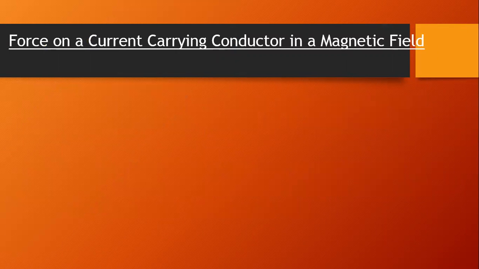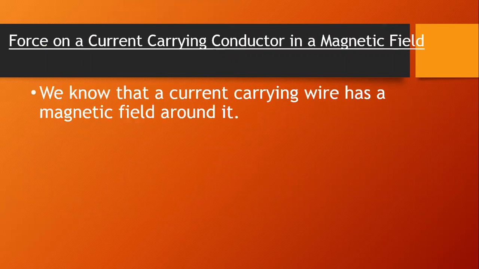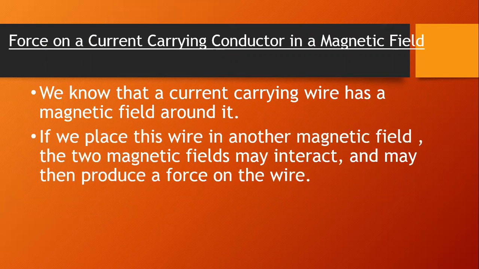Force on a current carrying conductor in a magnetic field. We know that a current carrying wire has a magnetic field around it. We have done this topic in the previous lesson. If we place this wire in another magnetic field, the two magnetic fields may interact and may then produce a force on the wire.